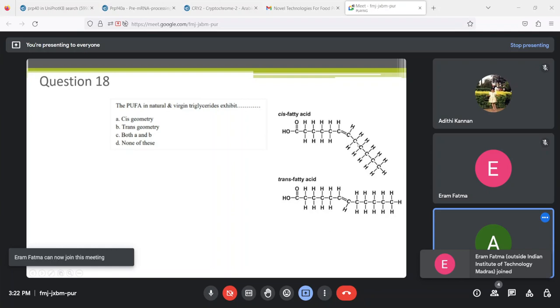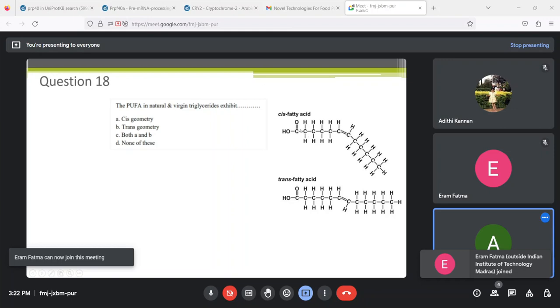This is just to show you how a cis and a trans fatty acid would look. In the cis fatty acid, you will have the hydrogen atoms on either side of the double bond facing in the same direction. In the trans fatty acid, you will have the hydrogen atoms on either side of the double bond facing in opposite directions. Something most obvious is that in the cis fatty acid you can see a kink here.